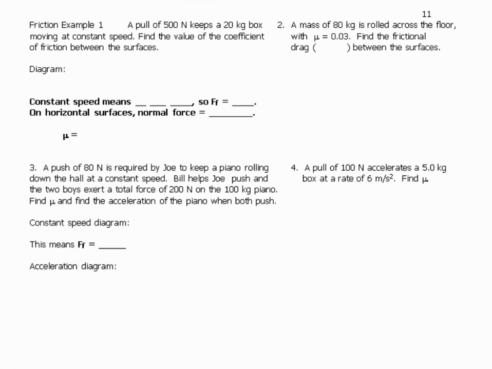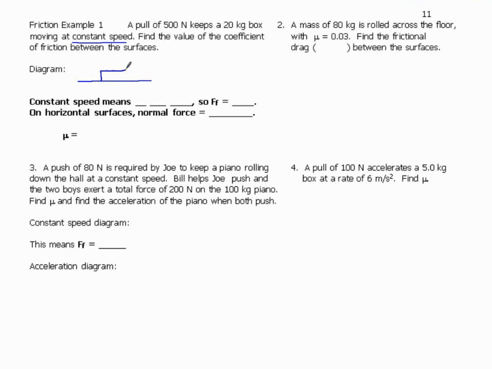So friction example 1, we're looking at the top of page 11. A pull of 500 newtons keeps a 20 kilogram box moving at constant speed. Find the value of the coefficient of friction between the surfaces. So first off, you're always going to want to draw a diagram.